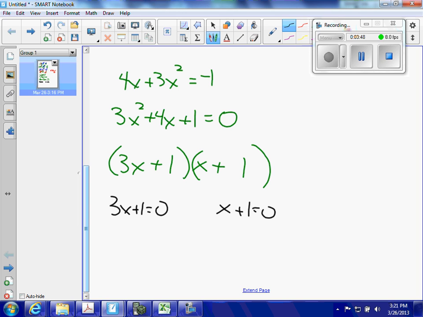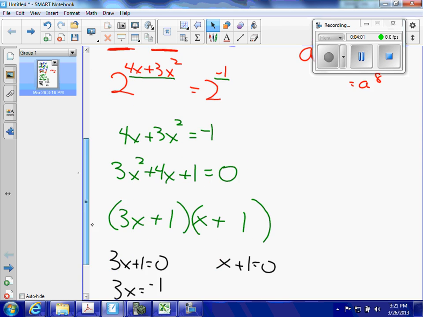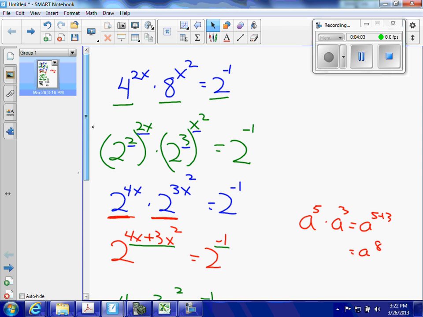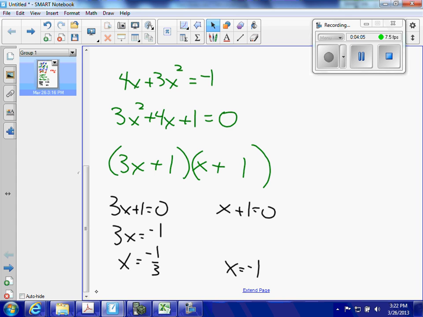So here I have 3x equals negative 1, x equals negative 1/3, and over here I have x equals negative 1. So the 2 answers that I have for this problem are x equals negative 1/3 and x equals negative 1.